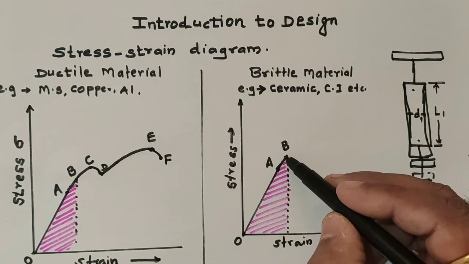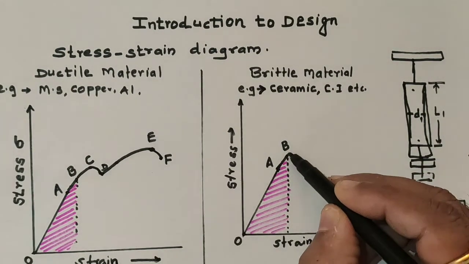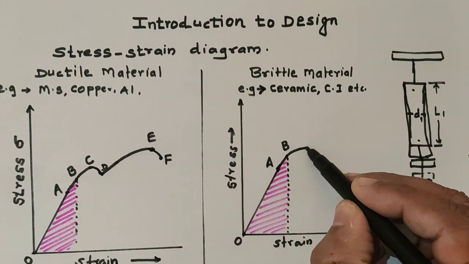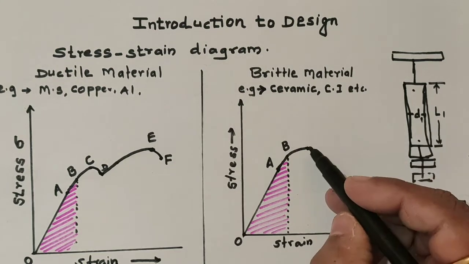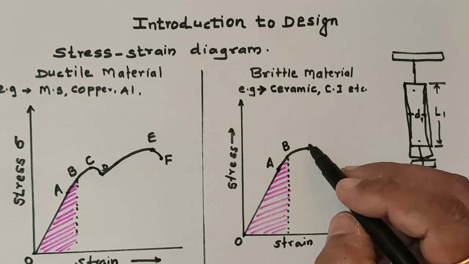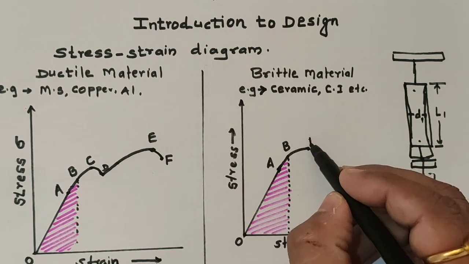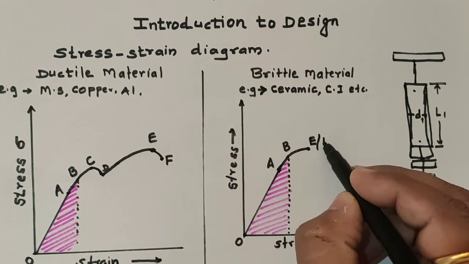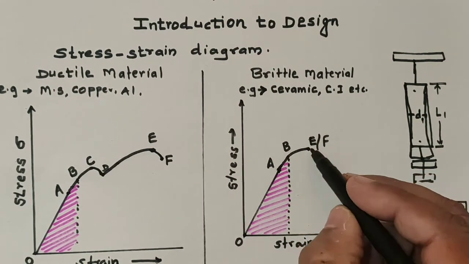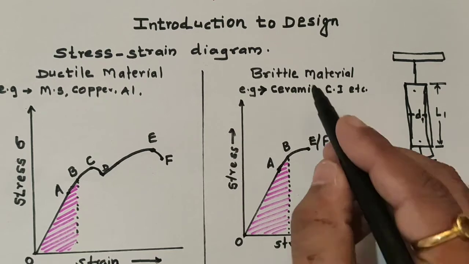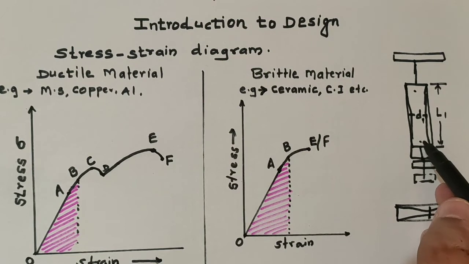Now from B we observe the plastic region. At this point E or F, that is the ultimate stress or breaking stress, the brittle material specimen will break.